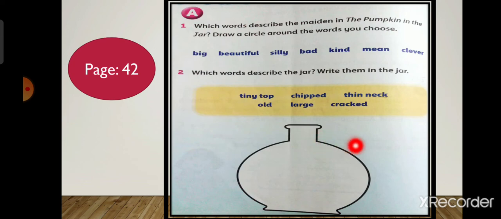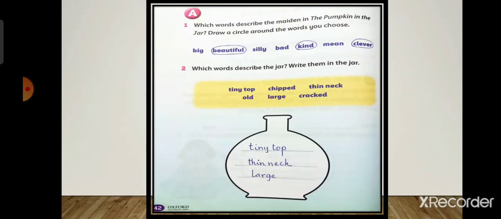Is it old? No. Is it large? Yes. Is it cracked? No. So you will write tiny top, thin neck, and large in this way. Look at this picture. In this way you will write tiny top, thin neck, and large in the jar.